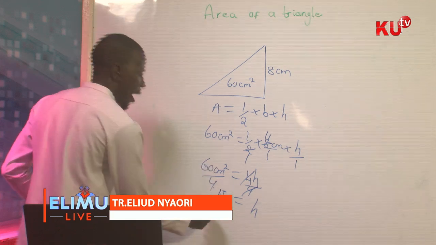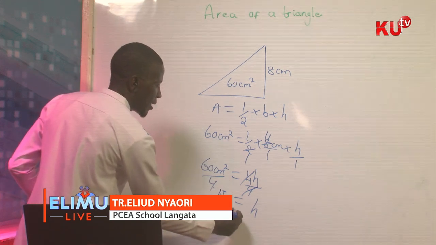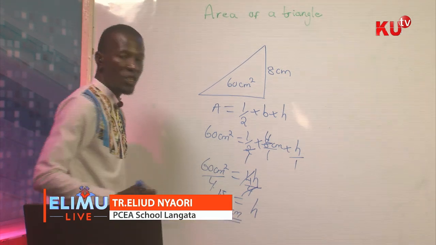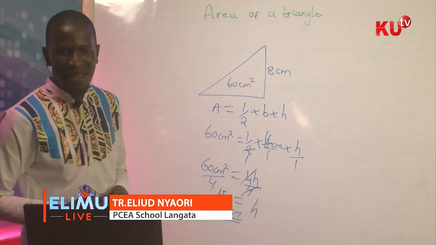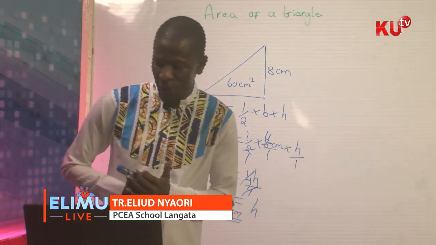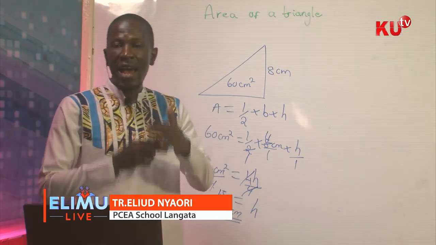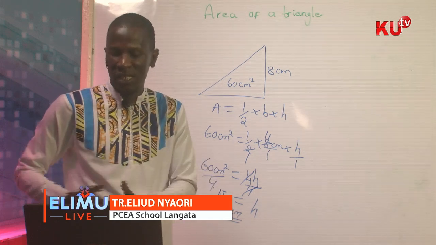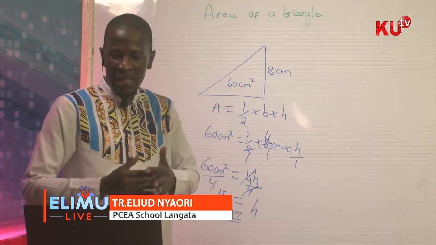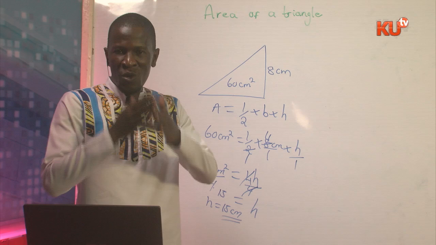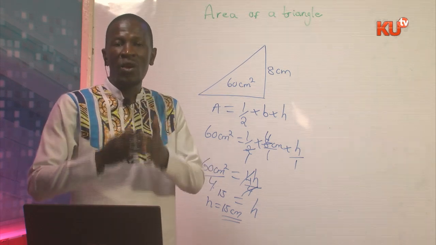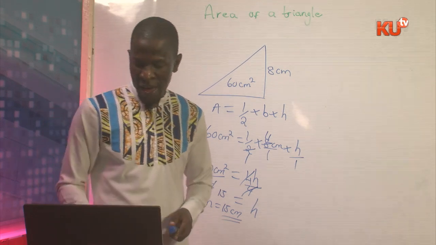So you get that our height will now be 15 centimeters. Not centimeters squared, but centimeters, simply because we are getting the height. We only put centimeters squared when you are getting the area.